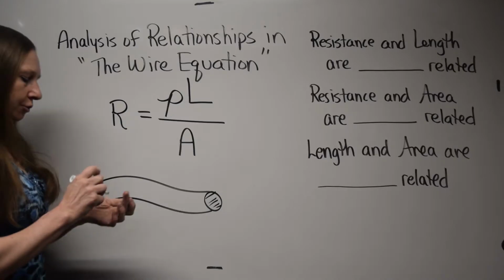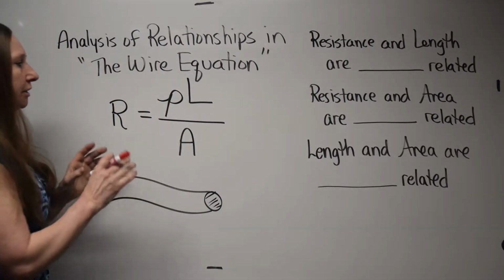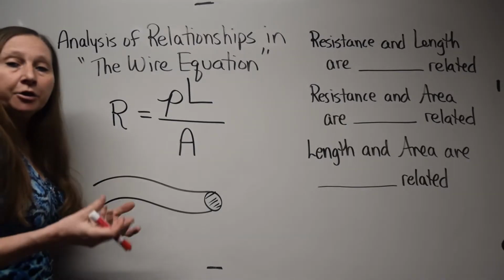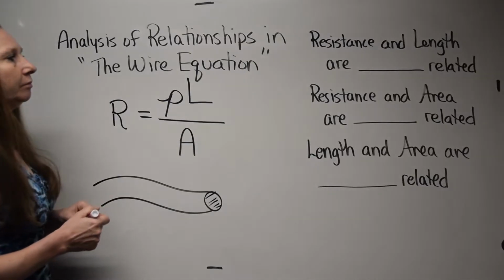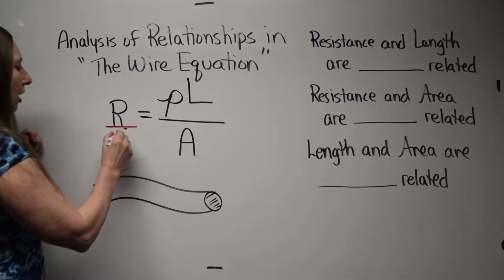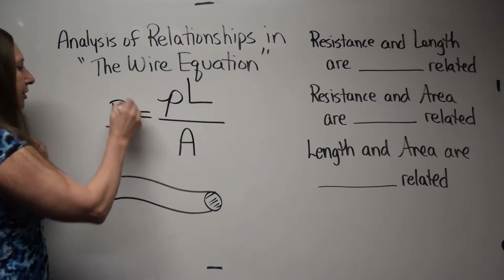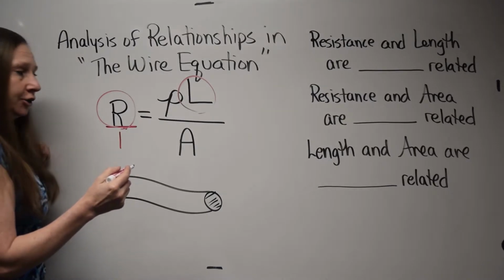Now, let's use our rules to figure out how different parameters, different pairs of parameters, are related according to this equation. Now we see that resistance and length are both on top, on opposite sides of the equal sign. Do you remember what kind of relationship that would be?